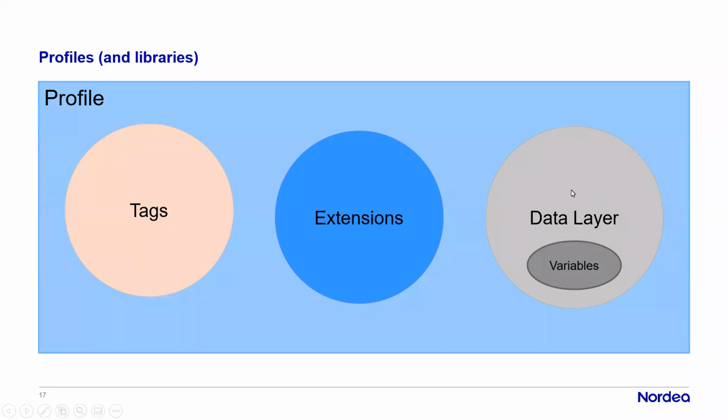And then we have the data layer. And inside of the data layer, we have the variables. More or less, I would say, like it is in any other TMS I know of, at least. Maybe except for the extensions themselves.